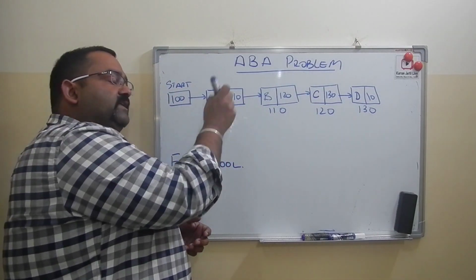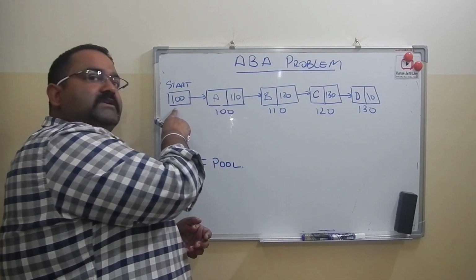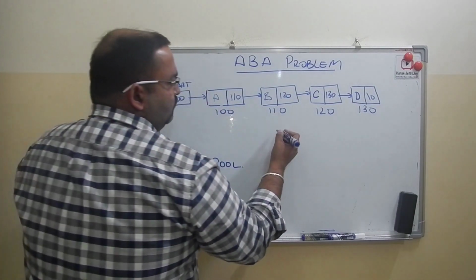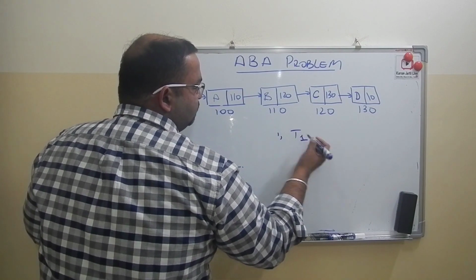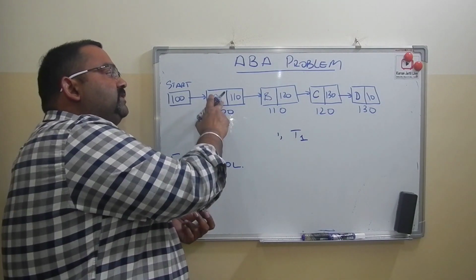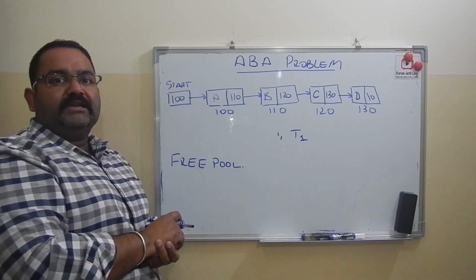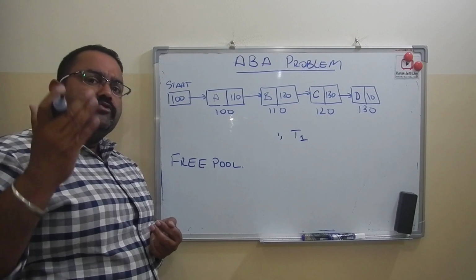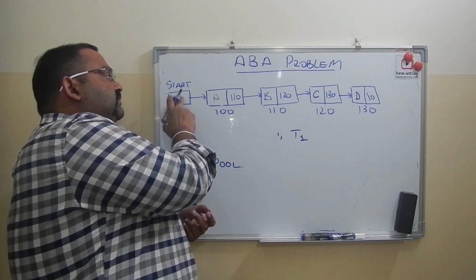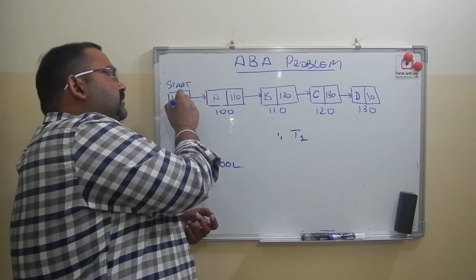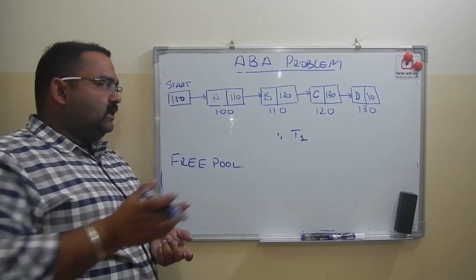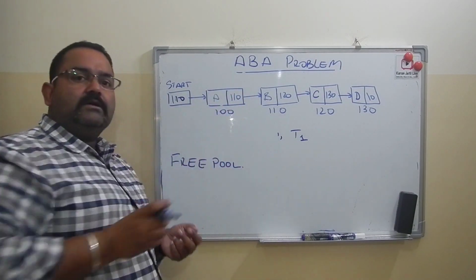So our linked list starts from node A, and my starting pointer is pointing to node A. Now suppose I have a thread called T1, and T1 wants to delete node A. To delete node A, it simply has to change the starting pointer from 100 to 110. Automatically it will start pointing to node B, and A will be moved to the free pool.